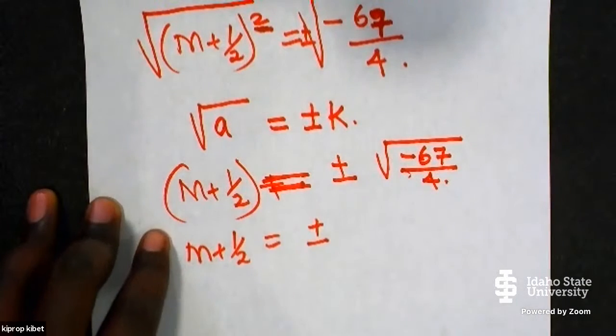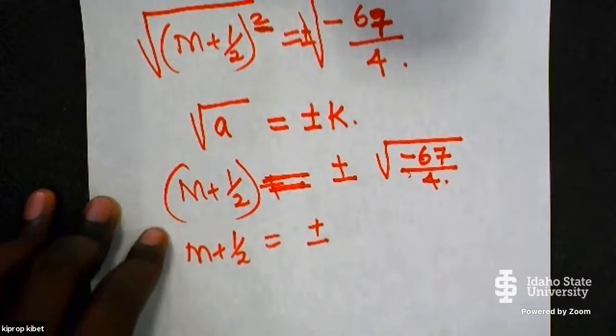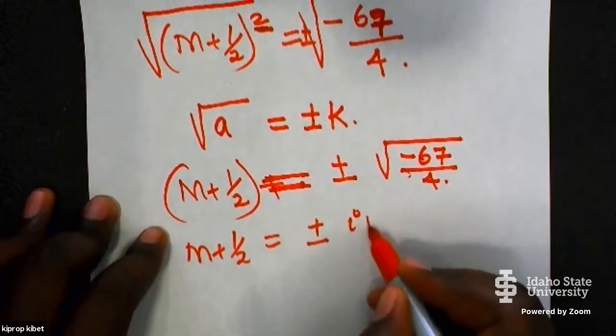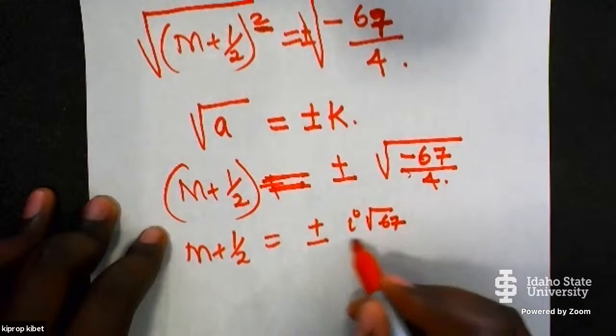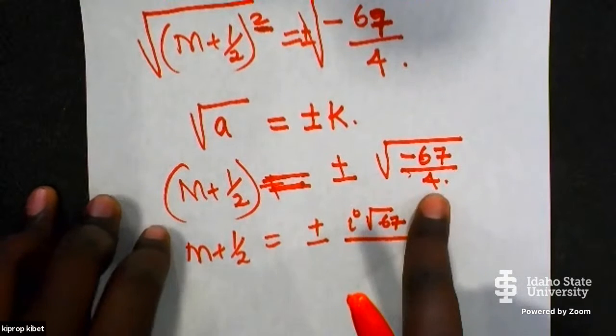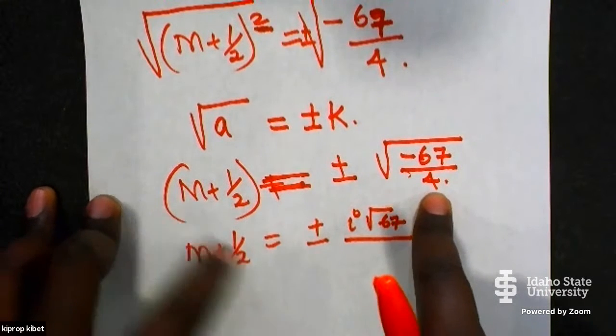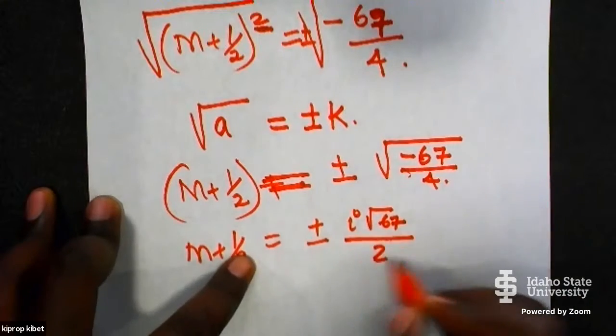So it is the square root of minus 1 times the square root of 67, which equals i, the square root of 67, all over the square root of 4, which is 2.